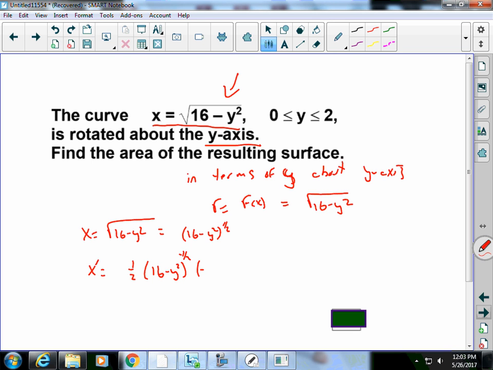Take the derivative of the inside, minus 2y. Clean this up. I got 1/2 times the negative 2y, so I get negative y over 16 minus y squared to the 1/2.